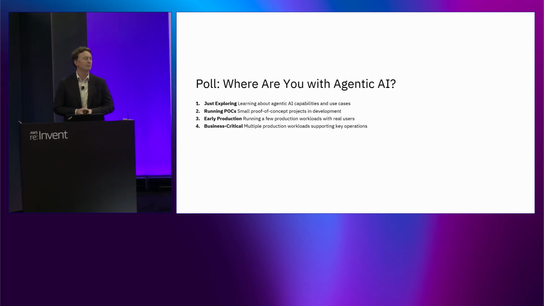Okay, great. How many of you are in early production, where you actually have some real users and a number of work streams applied to that? Great. And then last, business critical, where you've got real users, you're using this at scale, it's a big part of your ROI. Anybody in that category? Okay, all right. So not quite yet at that maturity adoption level, but a lot of that makes sense given what we see from our customers too.